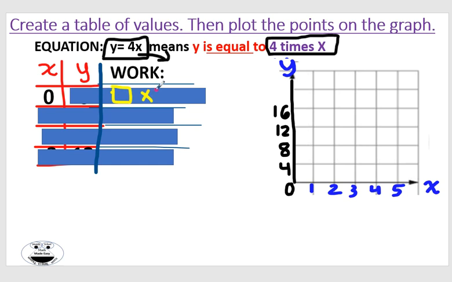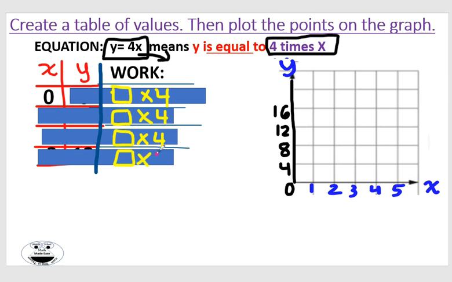Once I determine the operation or operations that I need to do, I'm going to make a box for it, and I'm going to write it for each row. I'm always doing the same operation for this equation because I'm using the same equation. What changes here? The x. Each row is going to have a different x, and then I'm going to get a different y, a different answer out. So I'm going to write this for all of them, and that's something you can do.